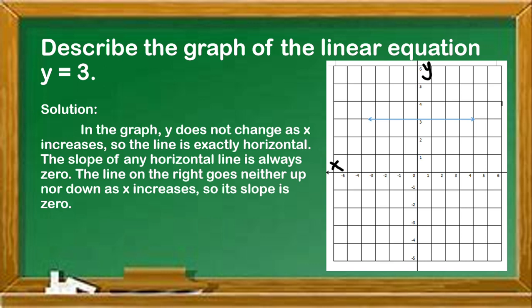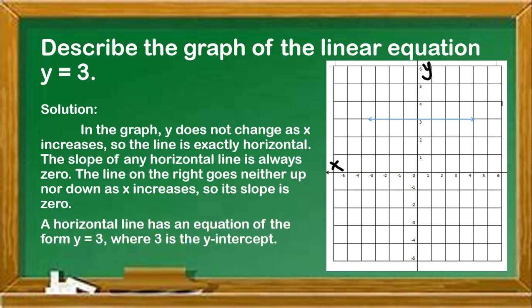In the graph, y does not change as x increases, so the line is exactly horizontal, and the slope of any horizontal line is always 0. And the line on the right goes neither up nor down as x increases, so its slope is 0. And also, a horizontal line has equation in the form y is equals to 3, where 3 is the y-intercept.